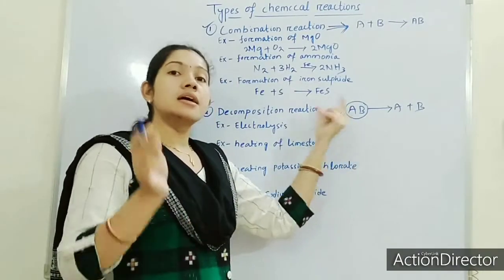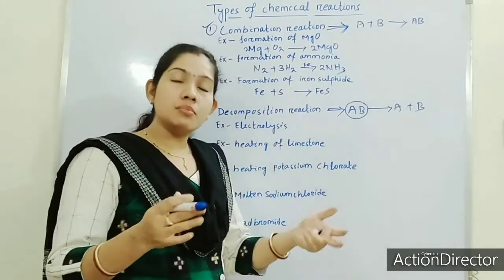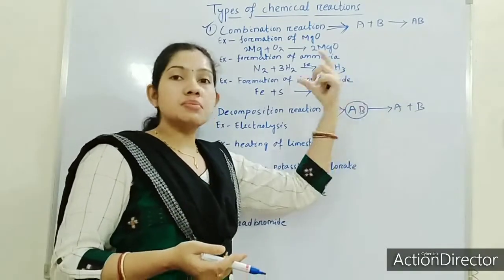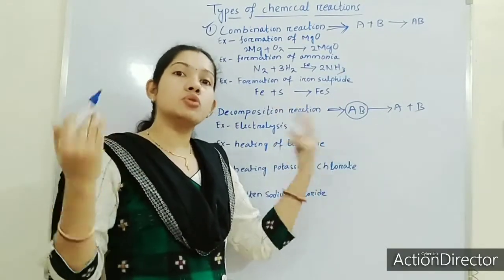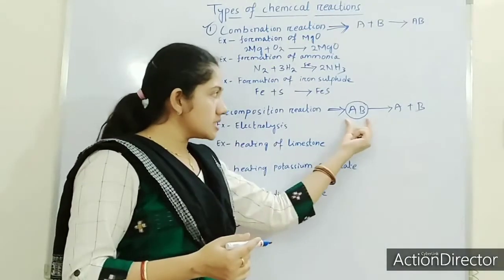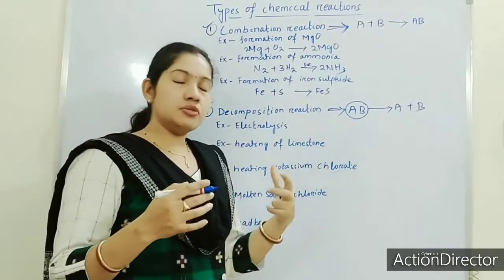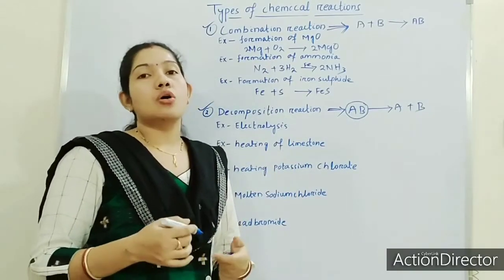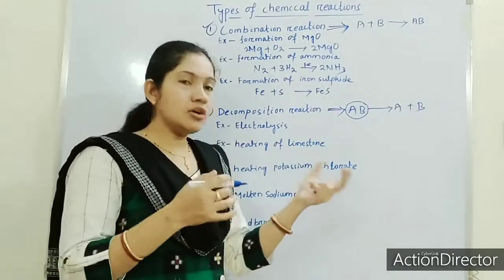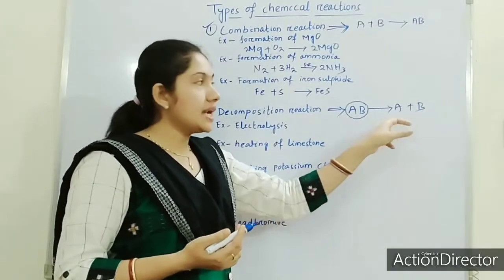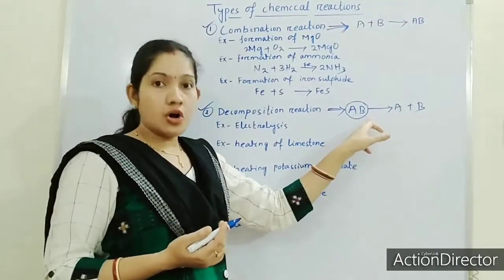As I said, reactants may be 1, maybe 2, maybe more than 2. Products may be 1, maybe 2, maybe more than 2. So here this is a single reactant, and under any condition like heat or pressure, it will split and form two components.